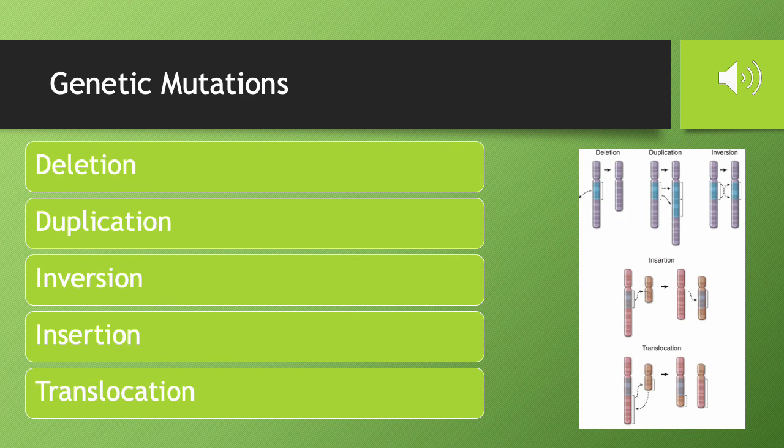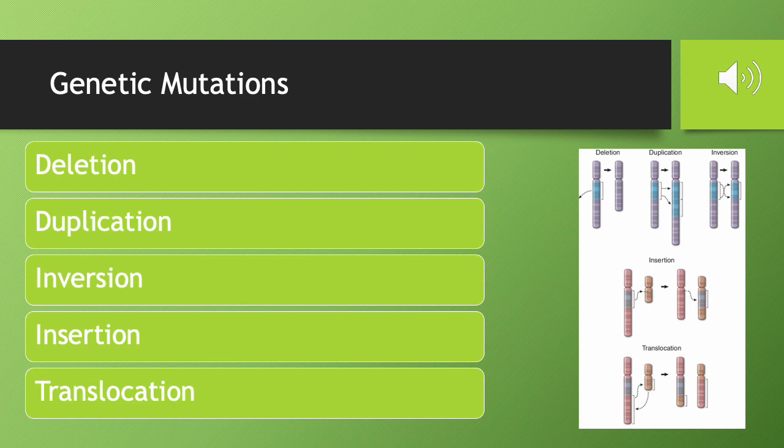So you can see this either on the meiosis side, which is the complete creation of a daughter cell from a single cell, or you can get genetic mutations from donations from different parents. It's very possible. So the first one is deletion. Just part of the chromosome information has been deleted in the process of replication. Then we have duplication. Maybe there's more information added that doesn't need to be there.